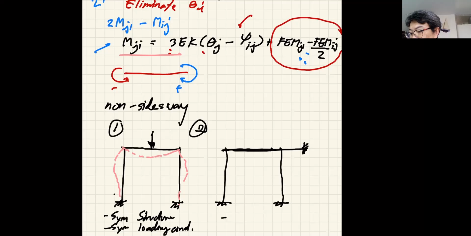So in this case, you have lateral restraint. You have the reaction here, so it will not move. So in one of the two cases, you have the non-sideway frame and you don't have to solve for the delta. But if this is not the case, you will have it.